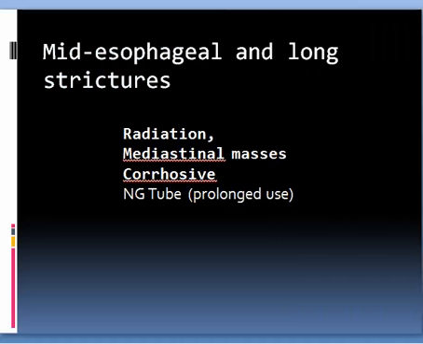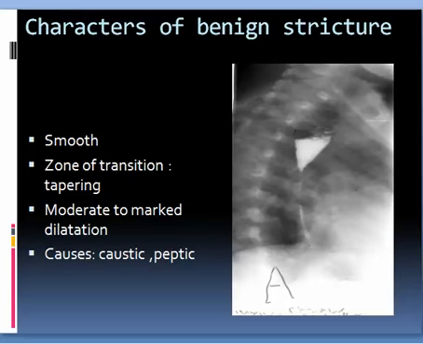Mid-esophageal and long strictures, we have radiation, mediastinal masses, corrosion, NG tube, prolonged use of the NG tube. This is typical appearance of corrosive stricture or benign stricture, where is a long segment of affection with moderate to marked dilatation above, and here the cause is either peptic or mainly caustic.